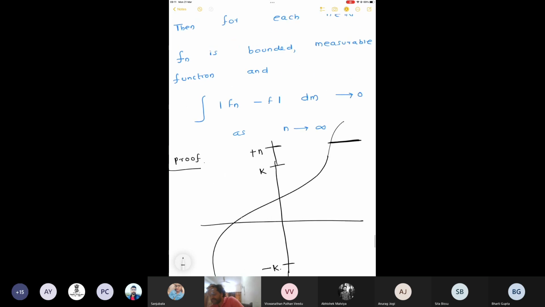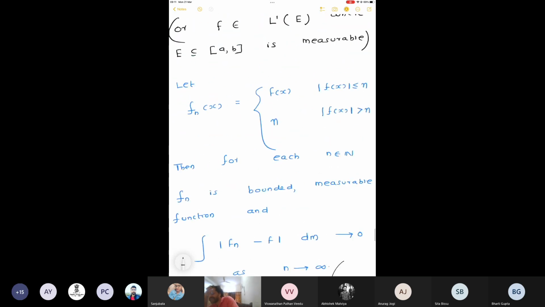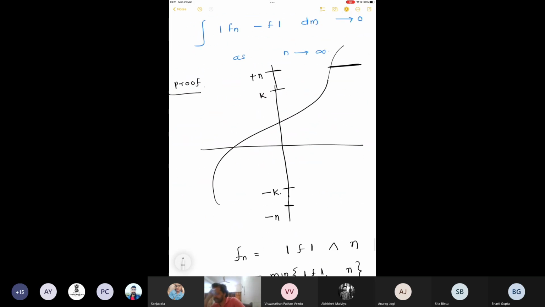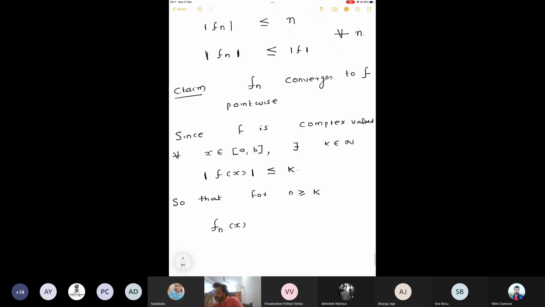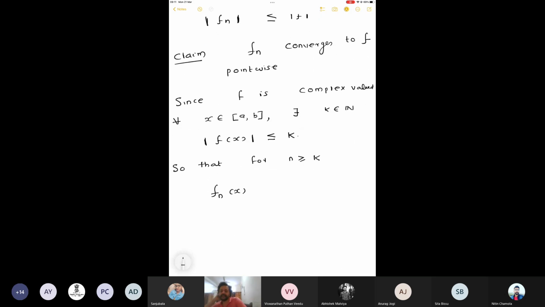Remember the definition of fn(x). fn(x) is f(x) if mod f(x) is less than or equal to n, and it is n if mod f(x) is greater than n. Okay. And I am fixing n to be greater than or equal to k. And I know that mod f(x) is less than or equal to k. So do you see that fn(x) will be equal to f(x)?